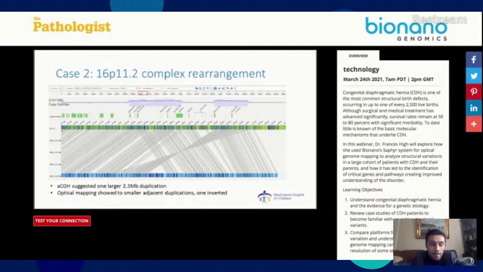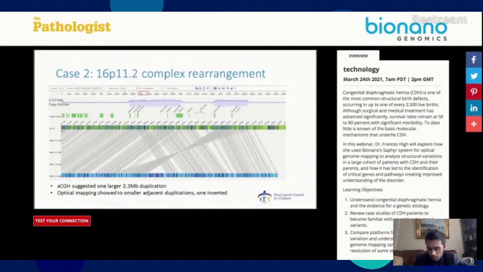So the array CGH or microarray technology showed that there was one large 2.3 megabase duplication at this region, but Bionano actually resolved that this variant was considerably more complex than that. So what you can see here is the reference genome in green and the patient genome in blue. And at the top, in the sort of lavender color, is the copy number call.